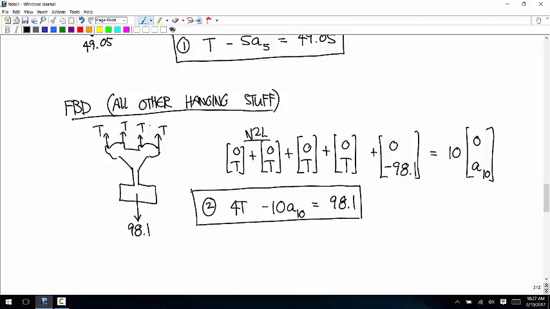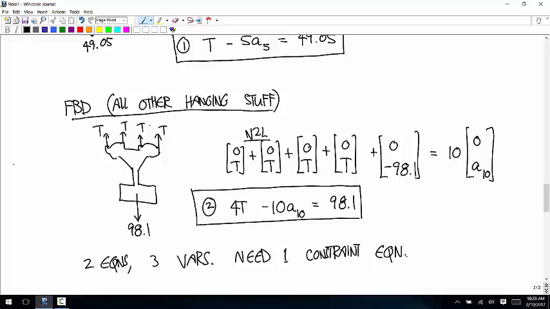Can we solve that system? No. We have 3 variables, 2 equations, so we need one constraint equation. And what's that constraint equation?